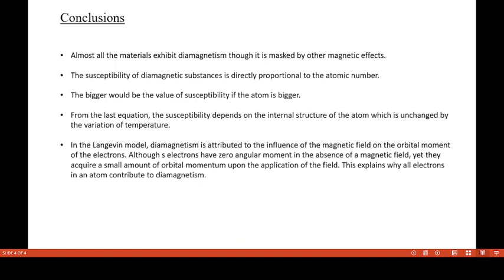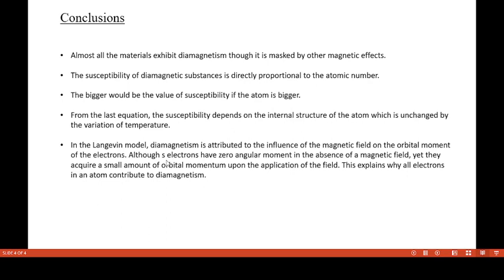That is, we know that quantum mechanically, for s electrons, the angular momentum is zero. Since we know the value of angular momentum is given by root over L into L plus 1 times h cut, where L is the value for s, p, d and so on.